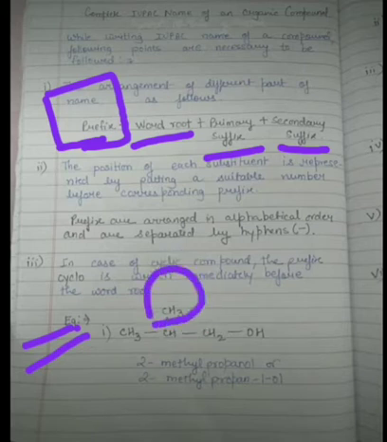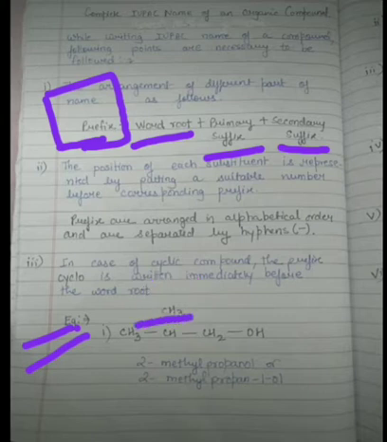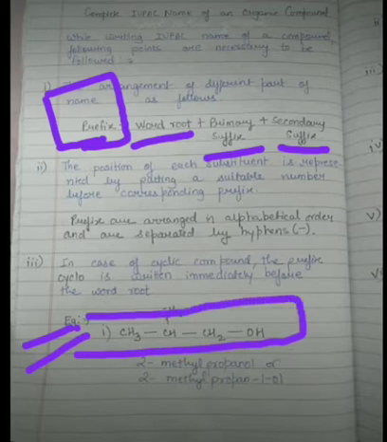Whenever you write the name of a compound, firstly you have to select the longest carbon chain. You cannot select this as the main chain because there is only one carbon atom. You can select this as the parent chain because there are 3 carbon atoms. So you will select this as the main chain.